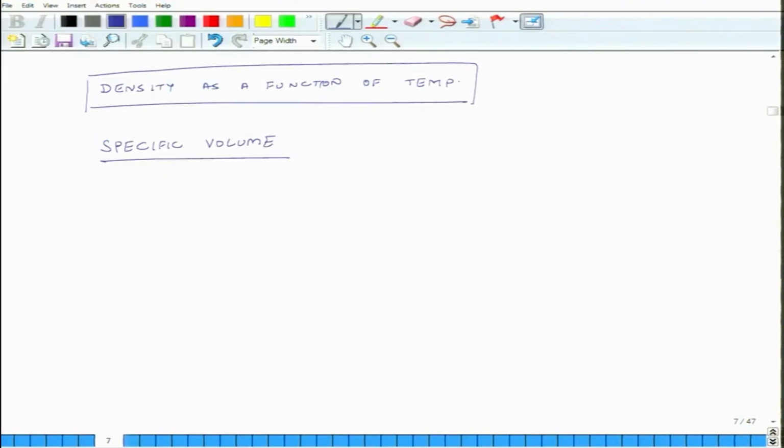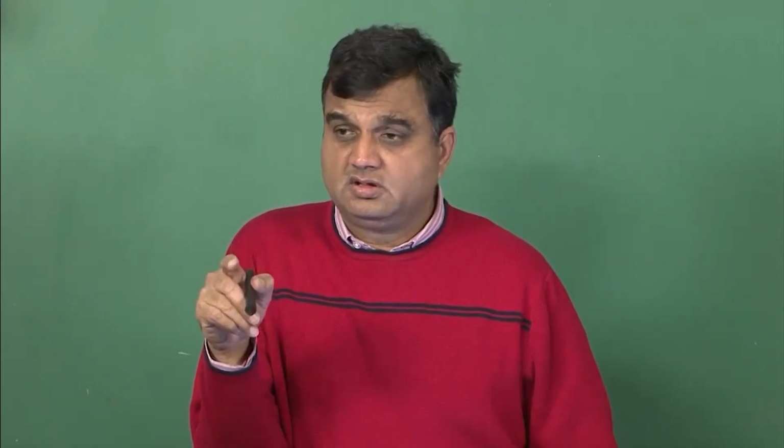Suppose 1 cubic meter is your unit volume. How much material is contained, that is called density. If you take 1 cubic meter of water, it contains 1000 kilograms. So the density of water is 1000 kilograms per cubic meter, or 1 gram per cubic centimeter.